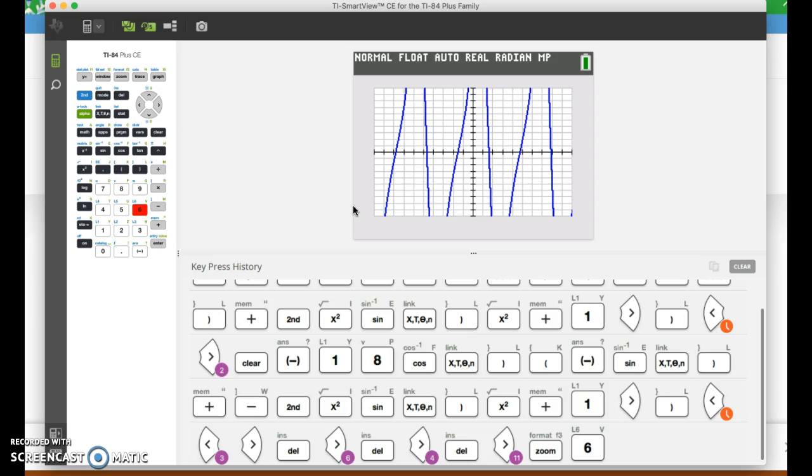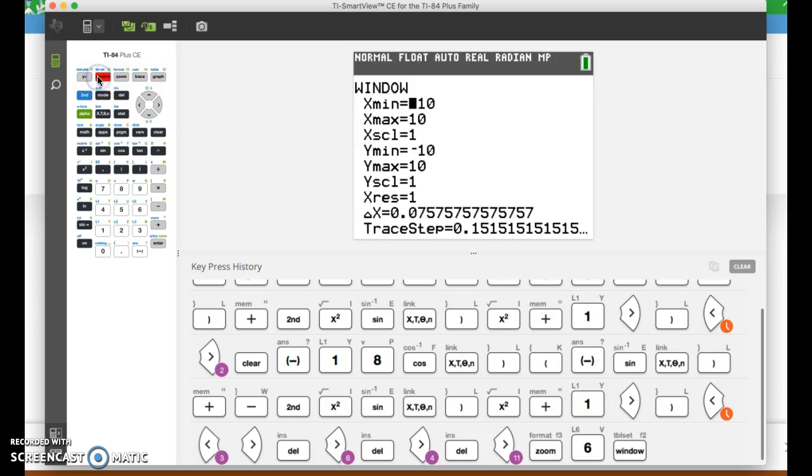But since we're trying to maximize this function, the first thing that you should think of when you see maximum or minimum is I need to know the derivative. And I need to know when the derivative is equal to 0. So the derivative is equal to 0 at the maximum or the minimum values, but I can't see a max or min because my graph goes off the screen. So I need to adjust my window to see higher and lower on this function.